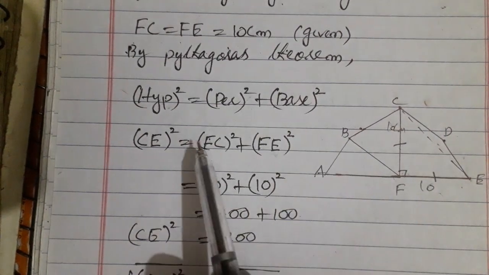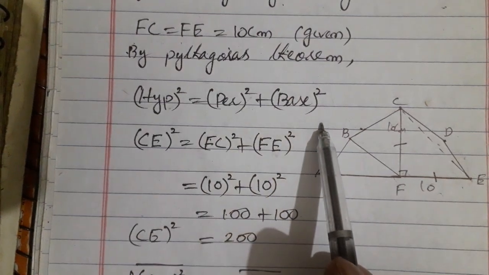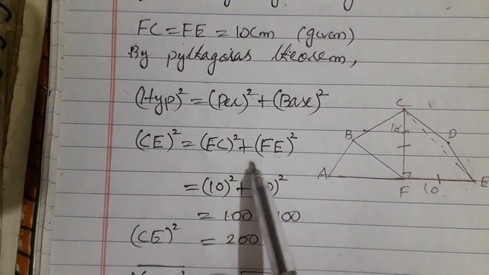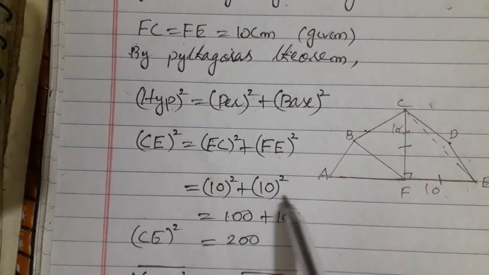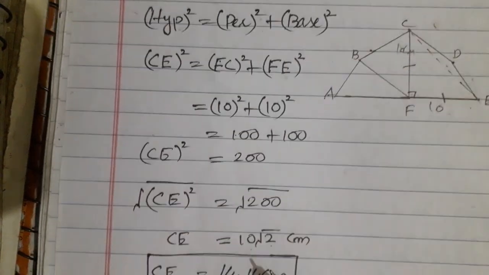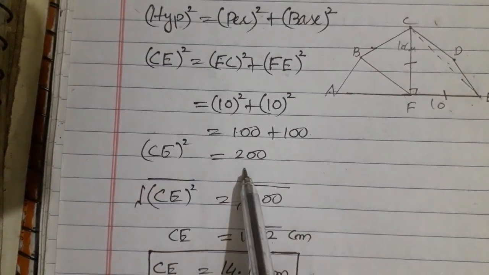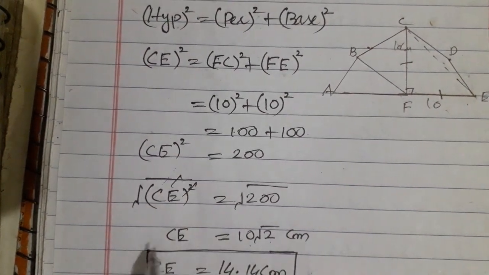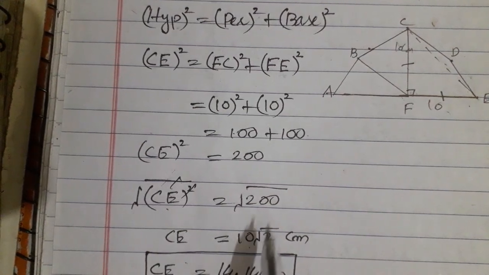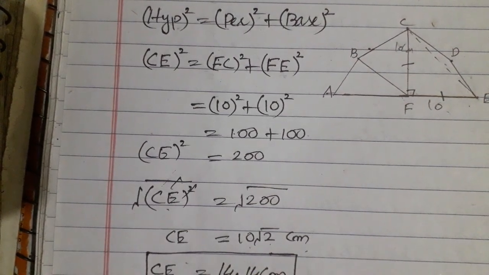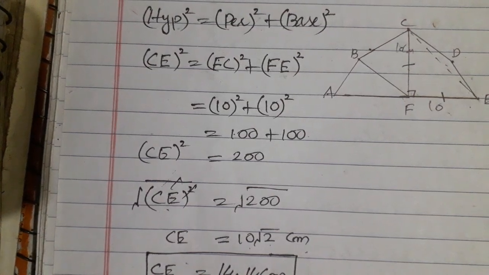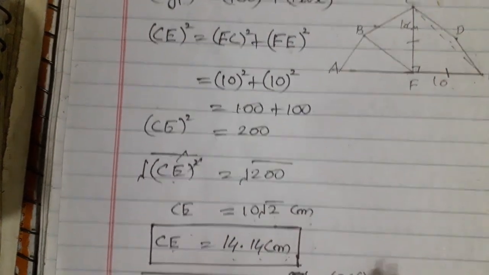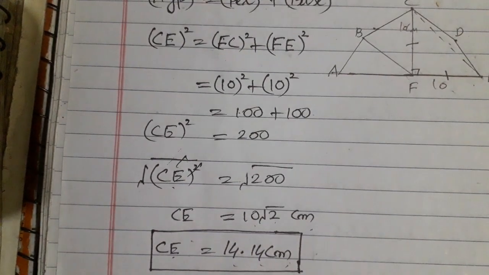By Pythagoras theorem, hypotenuse squared is equal to perpendicular squared plus base squared. CE squared is equal to FC squared plus FE squared. 10 squared plus 10 squared, 100 plus 100. CE squared is equal to 200. Take the square root on both sides. CE is equal to 10 square root of 2 centimeters. CE is equal to 14.14 centimeters. Answer to 3 significant figures: CE is equal to 14.1 centimeters.